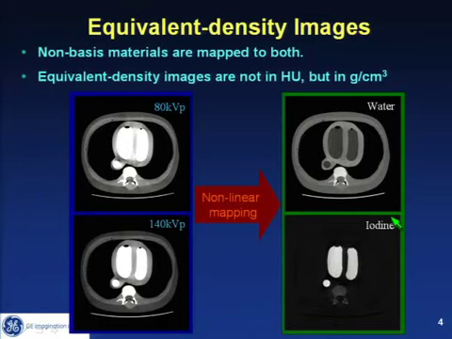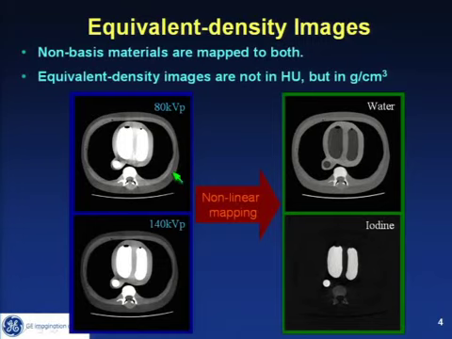There are a couple of characteristics you will notice. In the water density images, there's no appearance of iodine. All the iodine has been removed. And similarly for the iodine density images, all the soft tissue portion has been eliminated as well. Also for a third material, which is neither iodine nor water, you can see that it has contributions in both.